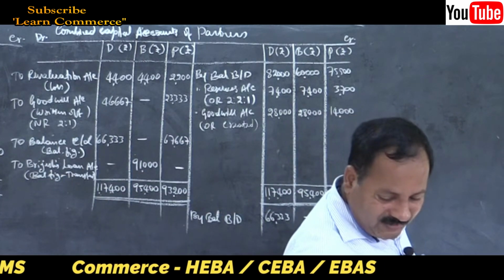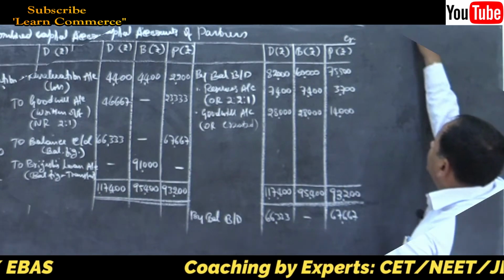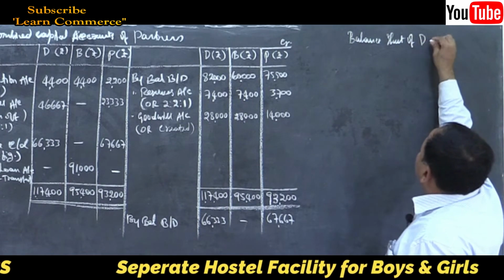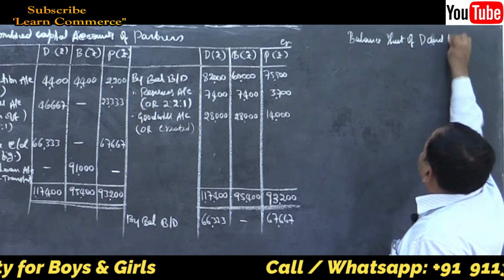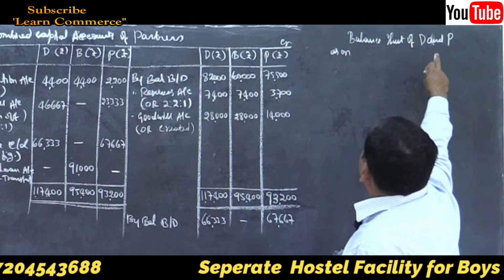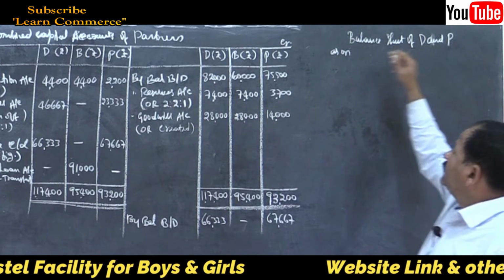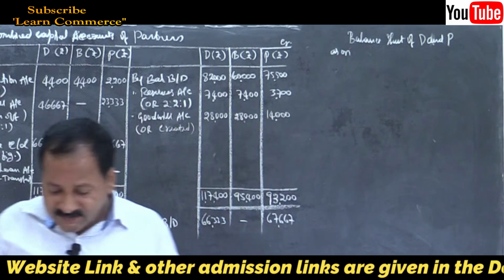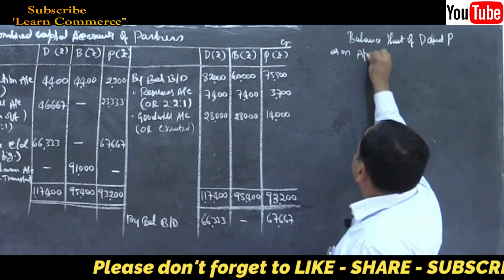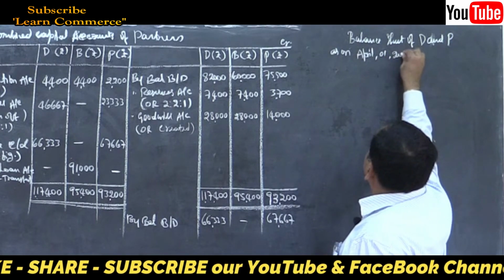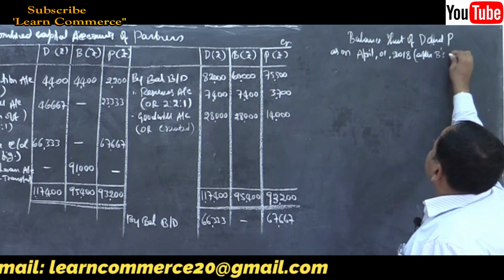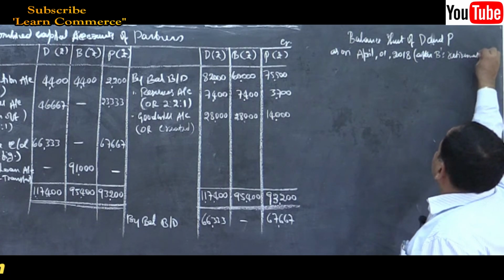Now let us move on to the last part, that is the balance sheet. We'll draft the balance sheet of Digvijay and Parakram as on the date of retirement, 1st April 2018, after Brigesh's retirement.